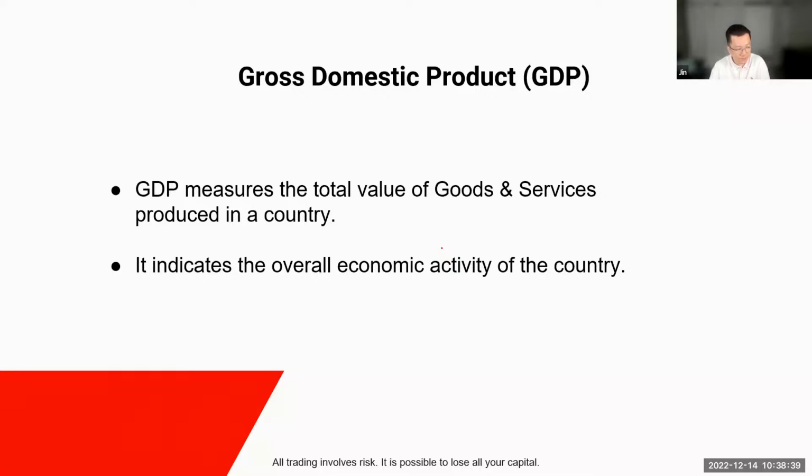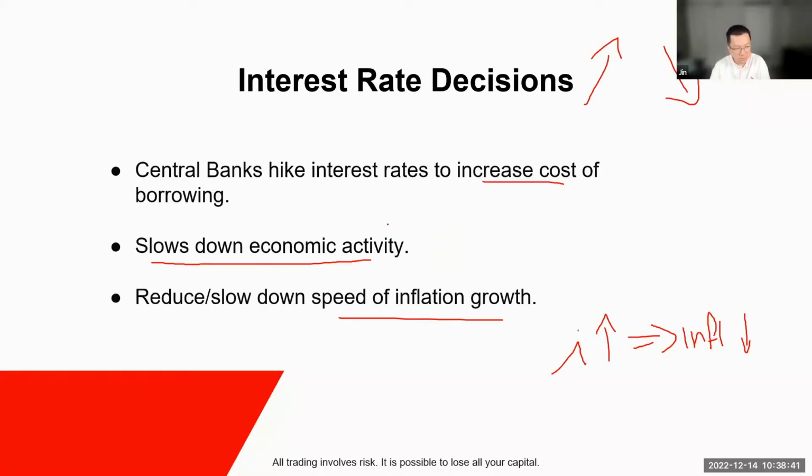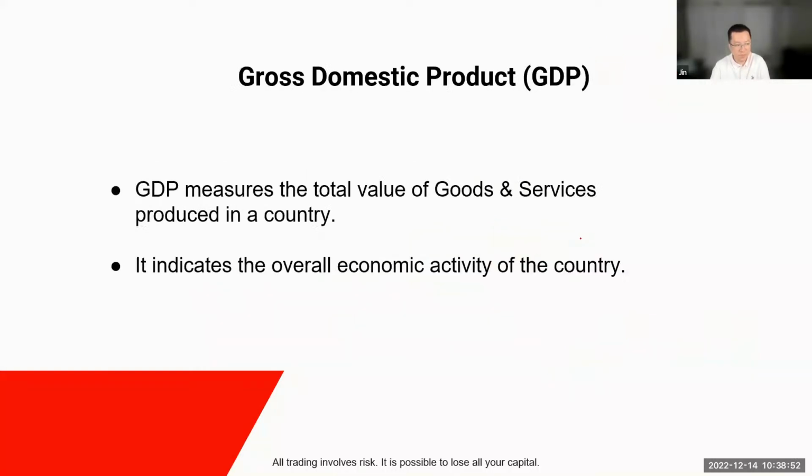As we talk about here, a slowdown in economic activity, how do we know a slowdown in economic activity happens? It's when we look at the GDP data, because GDP measures the total value of goods and services produced in an economy, in a country, right?